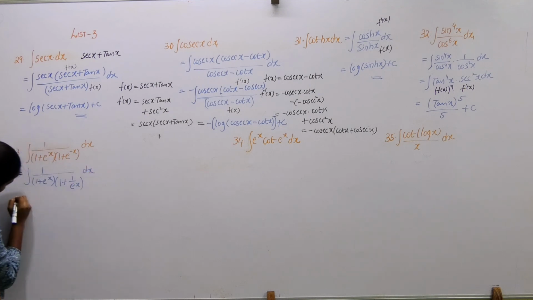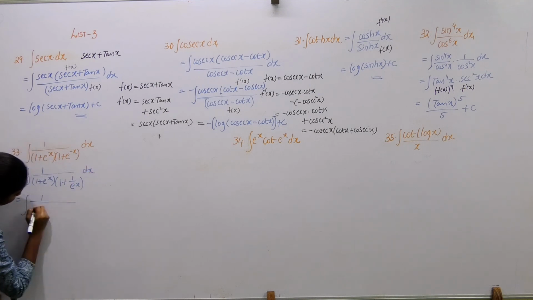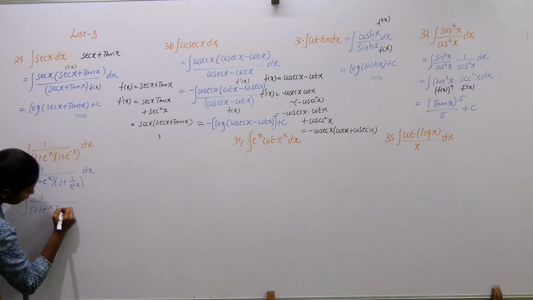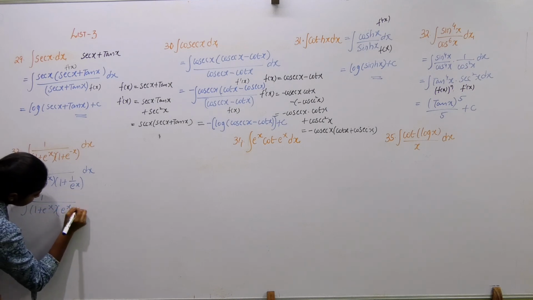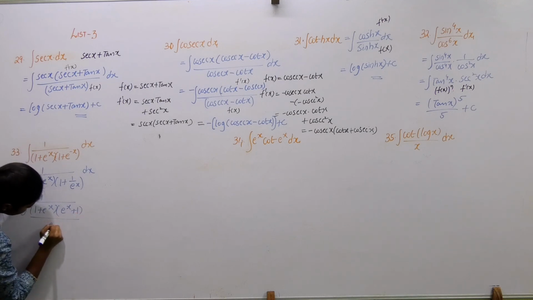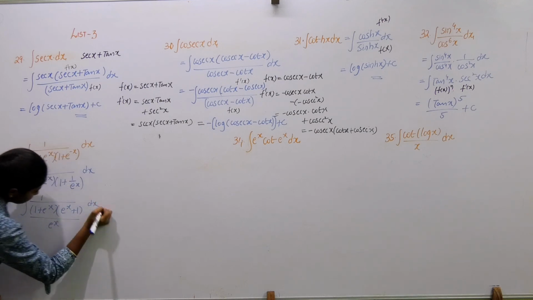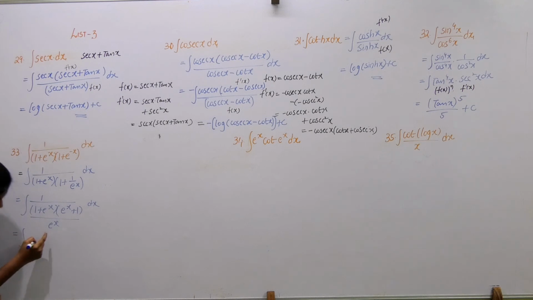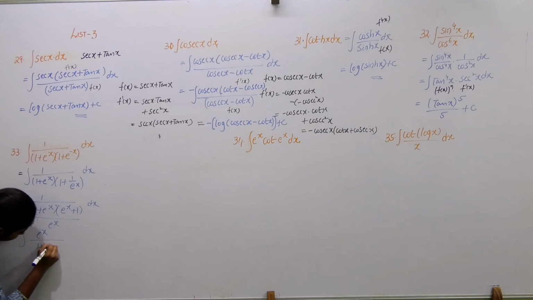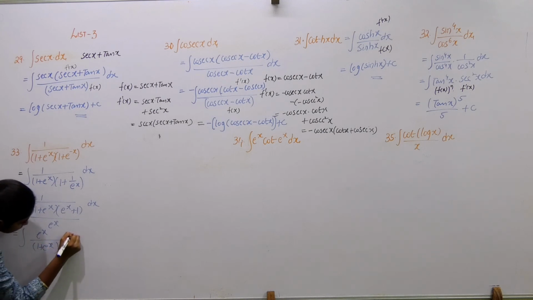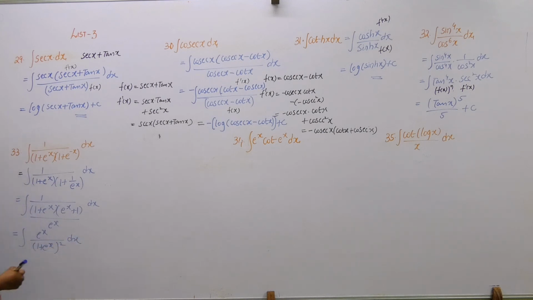It is equal to integral 1 by 1 plus e power x into, on simplifying, e power x plus 1 in the numerator, and in the denominator we have e power x dx. We can write this: e power x goes into the numerator and in the denominator we have 1 plus e power x whole square dx.